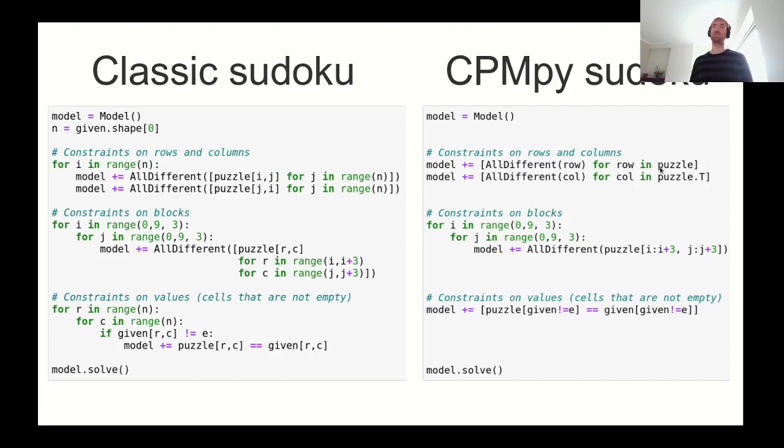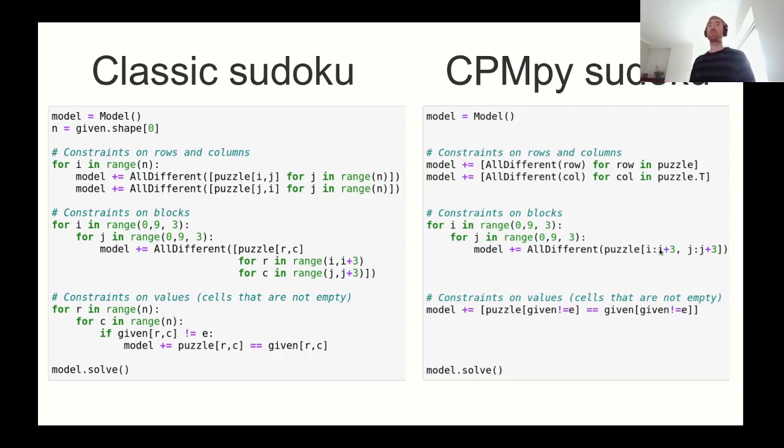So for row in puzzle, that gives us all elements of the individual rows. And then we just post the all different on the row directly. For columns, we can do it similarly, only in this case we use the Numpy built-in transpose. This will transpose the matrix in such a way that all of the elements of the first dimension are, in this case, the columns. And then we write this.